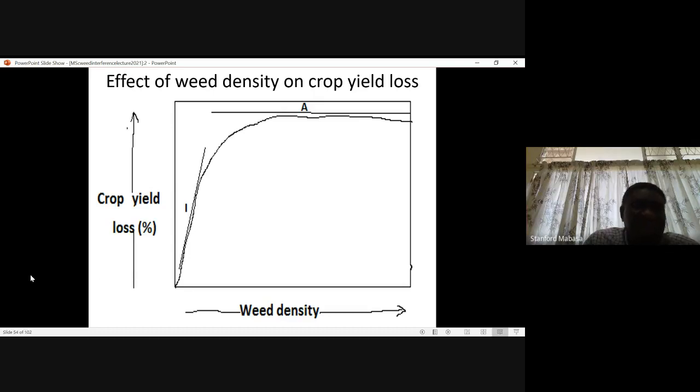Is it 5%? Is it 10%? Now, if it is 5%, you have to use this graph to determine the weed density. That weed density becomes your weed control threshold. Probably I will explain this later.